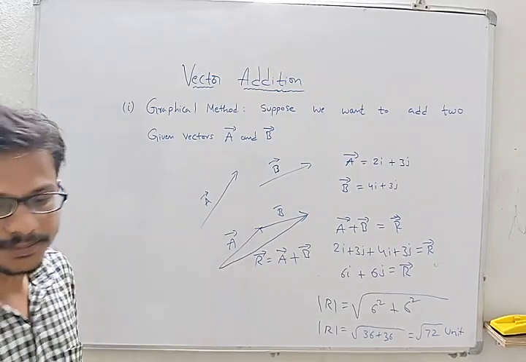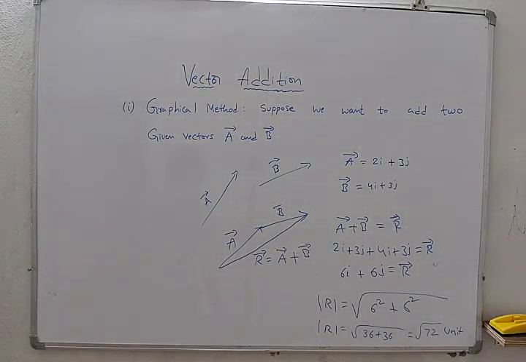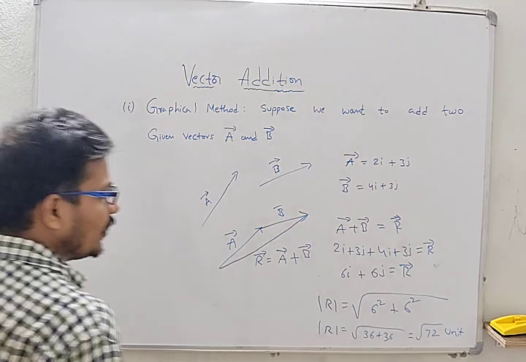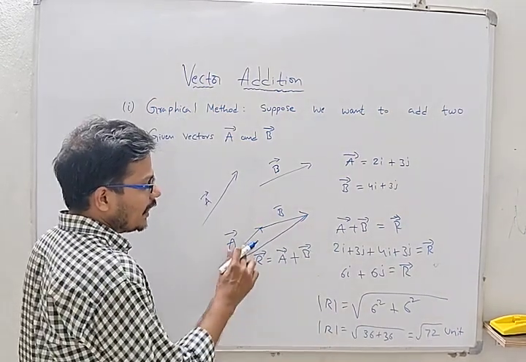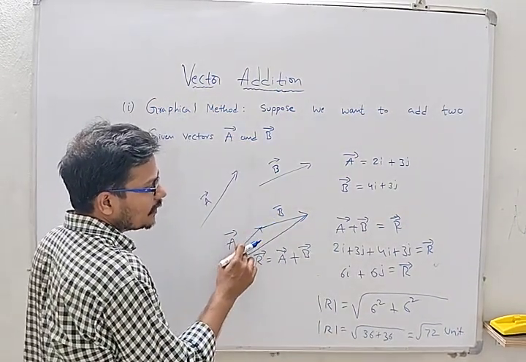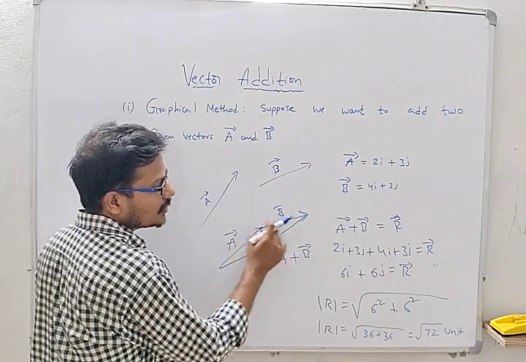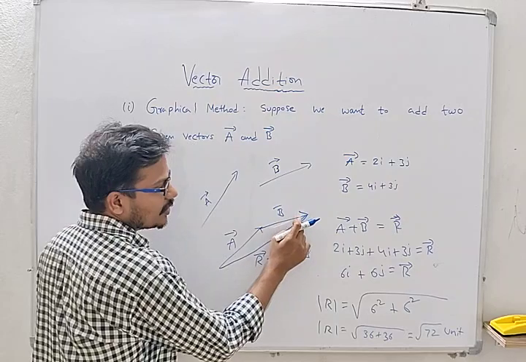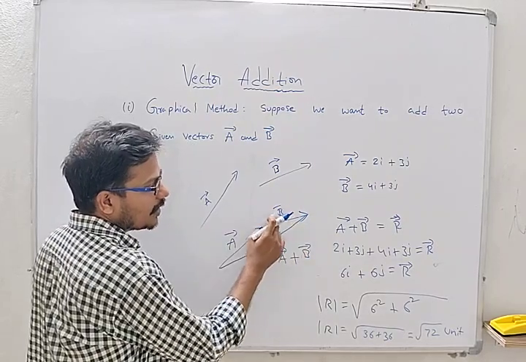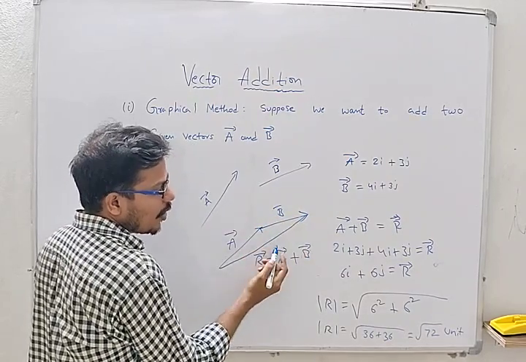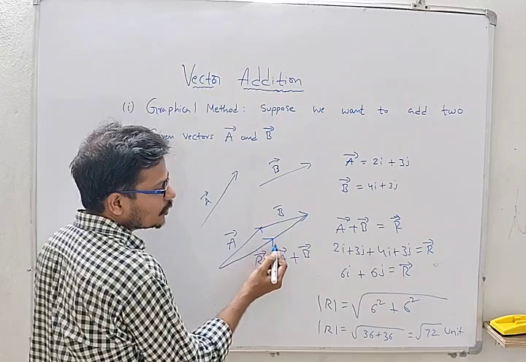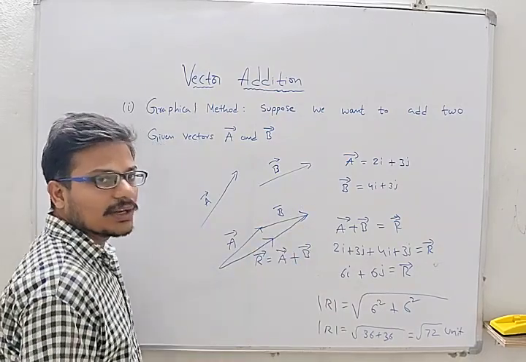Note this. And one important point here: A and B are in the same direction, with the arrow marks in the same direction. So the resultant of any two vectors should be opposite to those two vectors.